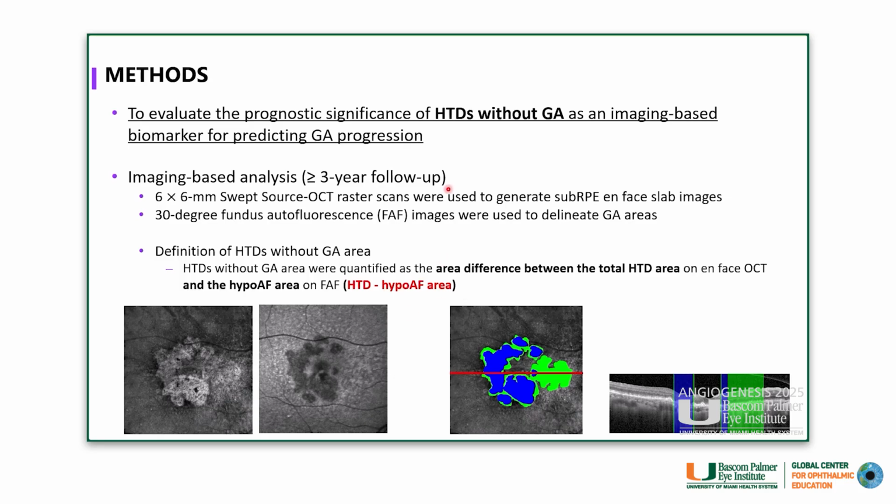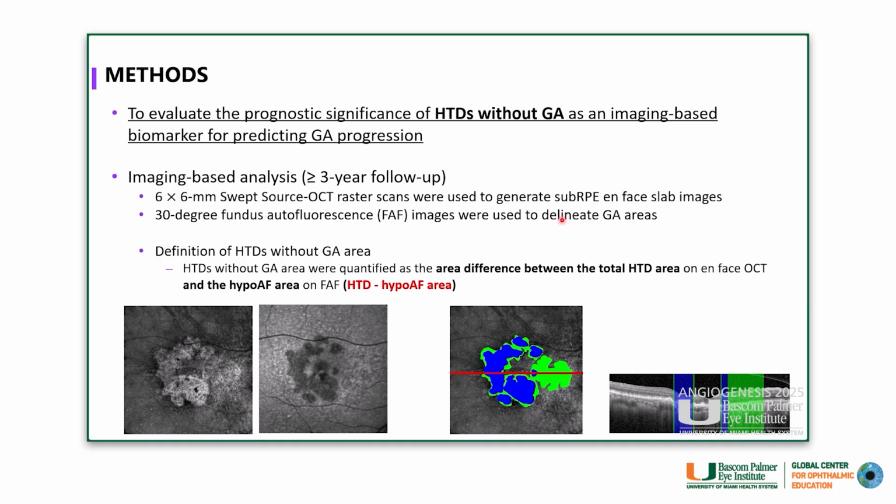In this study, we performed a longitudinal imaging-based analysis with more than 3 years of follow-up to evaluate the prognostic significance of HTDs without GA for predicting geographic atrophy progression. Swept-source OCT raster scans were used to visualize HTD areas.